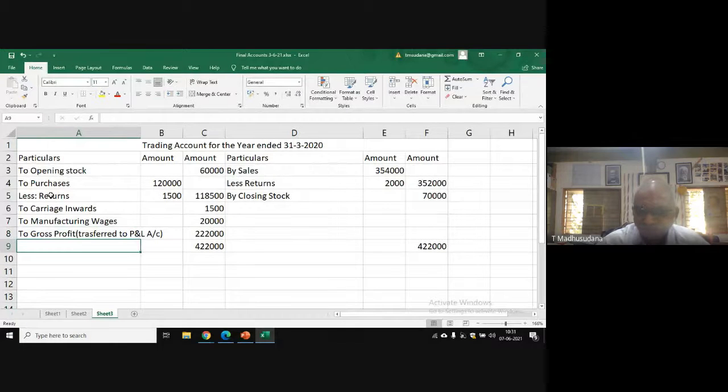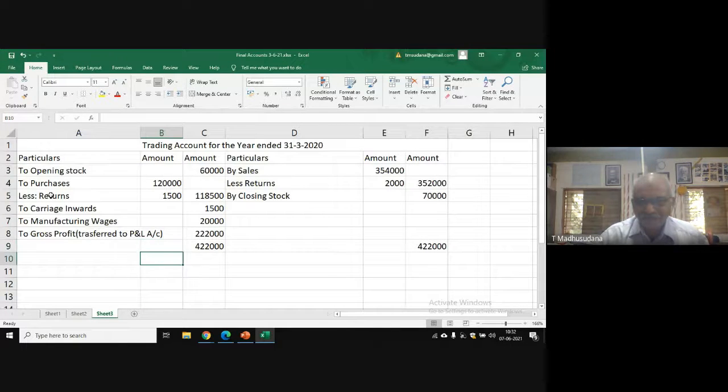So the gross profit is 2,22,000 rupees. This is the trading account. On the debit side: opening stock, purchases less returns, carriage inwards, manufacturing wages. Credit side: sales less returns, closing stock. Total 4,22,000. From 4,22,000, deduct the debit side total and you get 2,22,000 as gross profit.